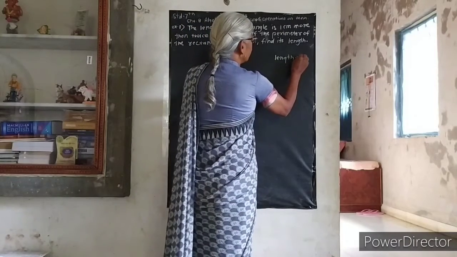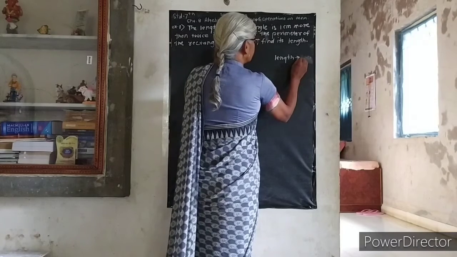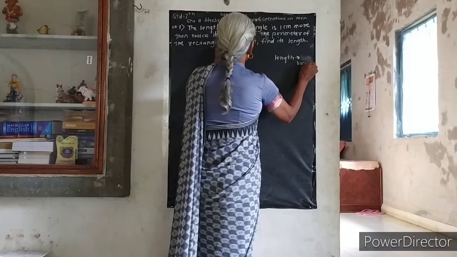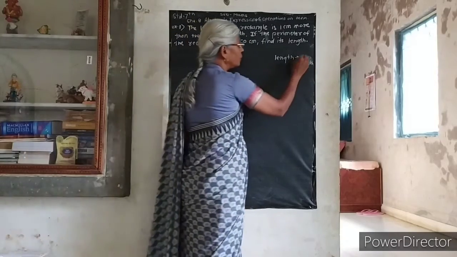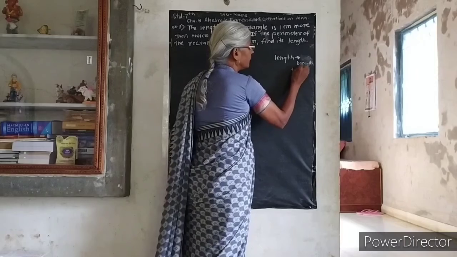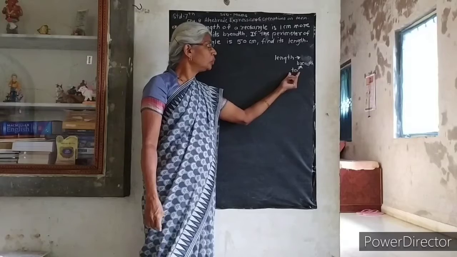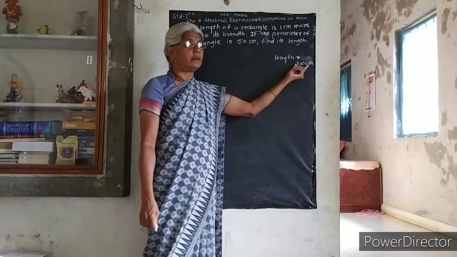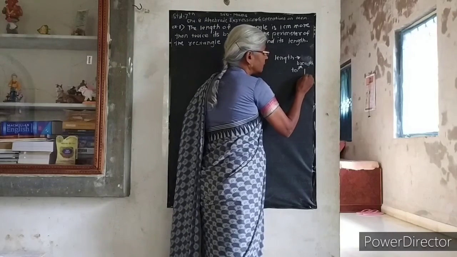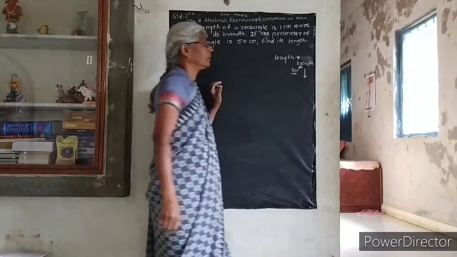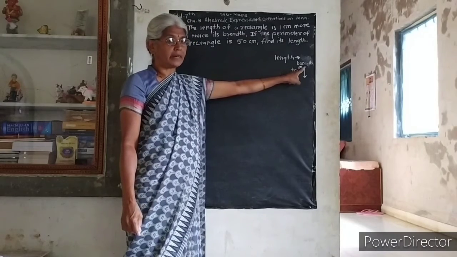The value of length is compared to breadth, so we take one variable for the breadth of the rectangle.